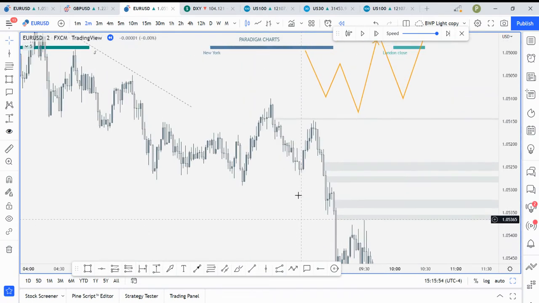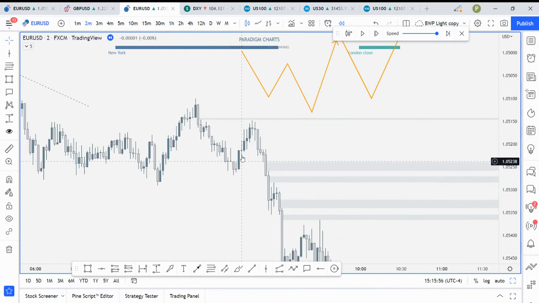Okay, so let me give an example of order blocks from all this up close candle. Okay, this is a 2 minute time frame. When you go to 10 minutes or 15 minutes or 1 hour time frame, you would see that the whole of this might be one single candle. So this right here is the order block.